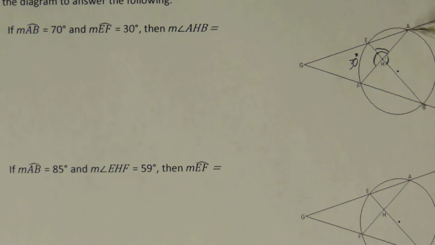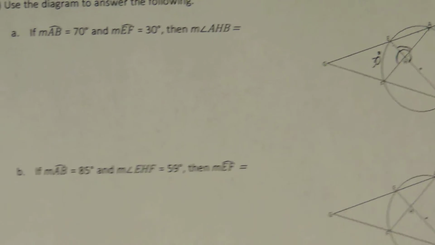This angle of the triangle is an inscribed angle as well, so I can actually get these two angles. I can find this angle, and angle AHG then forms a linear pair with angle AHE. So that's my strategy. Find angle EAF.